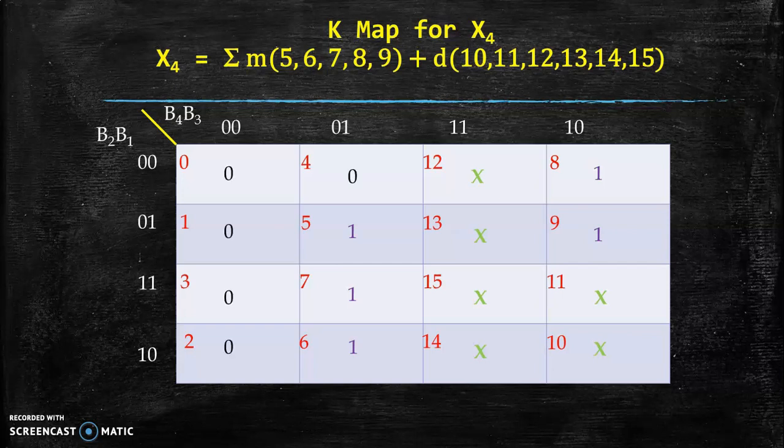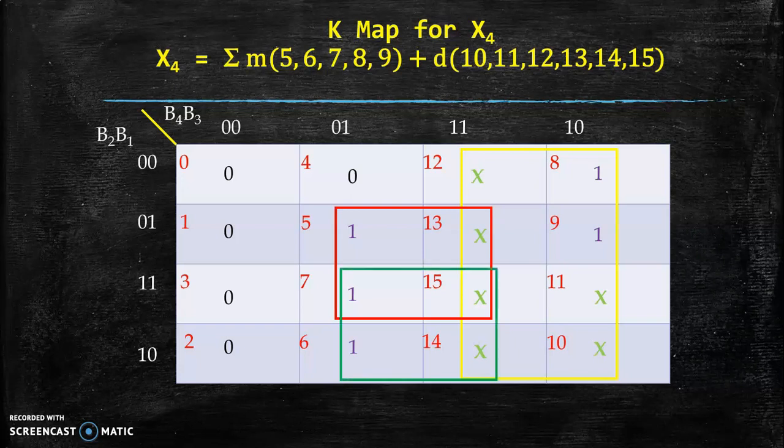Now let us prepare groups. We can see that with the help of don't care conditions, we can prepare one octet. At the same time, we can have one quad, and we have a second quad. So we have one octet and two quads. Now let us write the product terms.